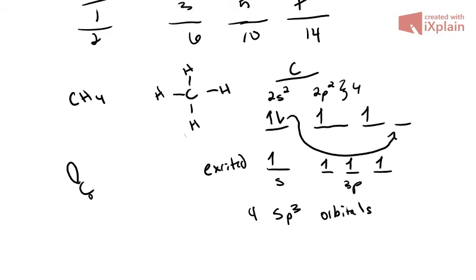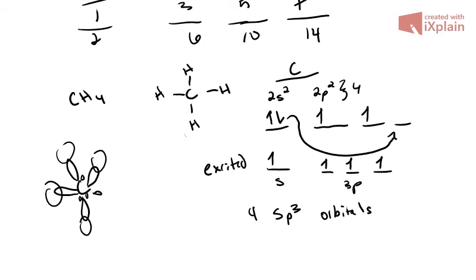This is now an sp3, and there are 4 of them, and so you get 1, 2, 3, and then 4. And it's going to bond with a hydrogen at each one of these spots.